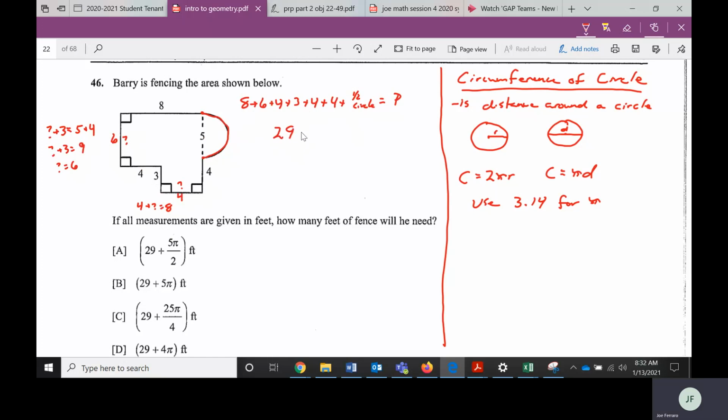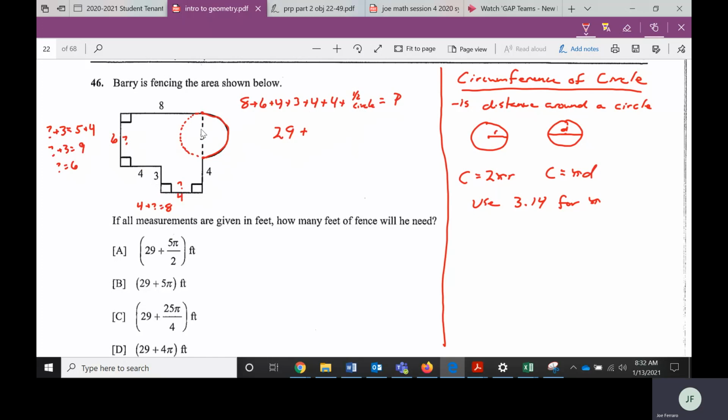Okay. Now, this half circle, there's a couple ways you can figure this out. What we have to pretend is if we had a full circle, we would know how to find that. We would take the formula right here, pi times d.